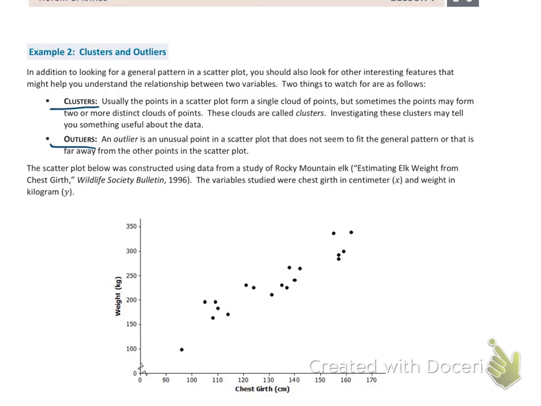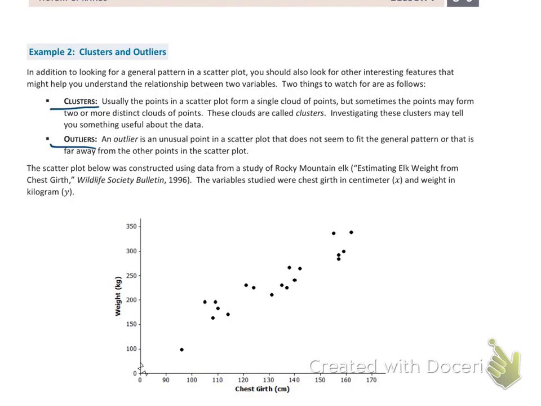The scatter plot was constructed using data from a study of Rocky Mountain elk. Estimating elk weight from chest girth, it says. So the variables studied were chest girth in centimeters and weight in kilograms. I think everybody knows what weight is.